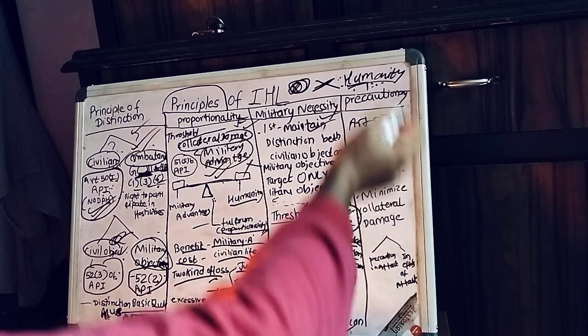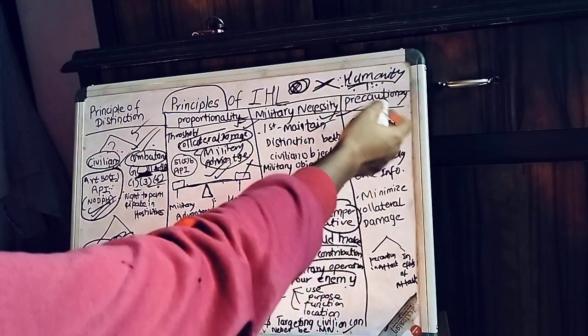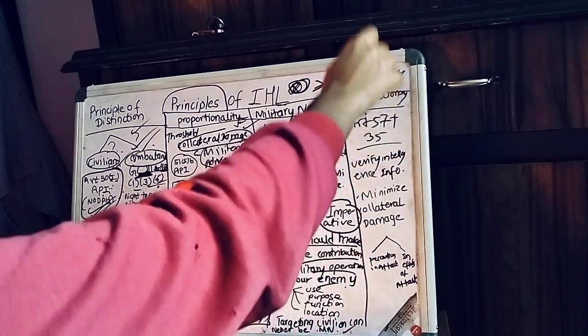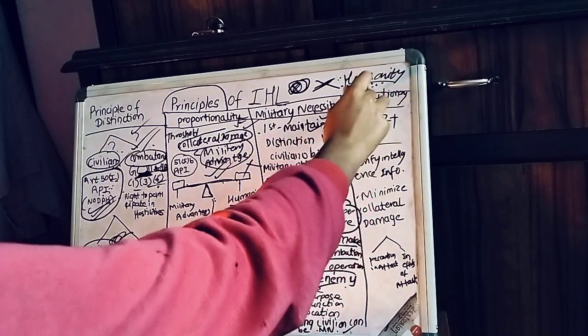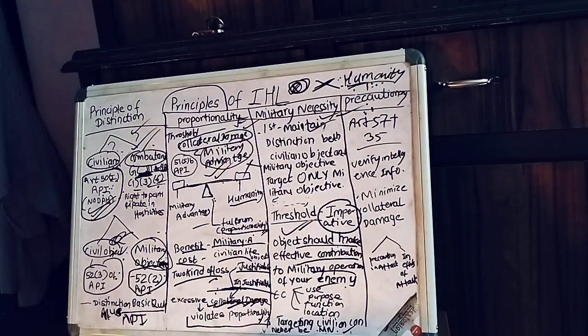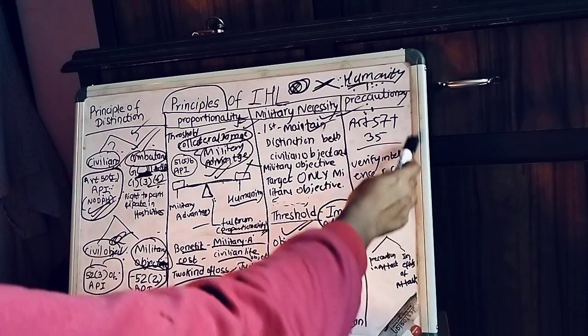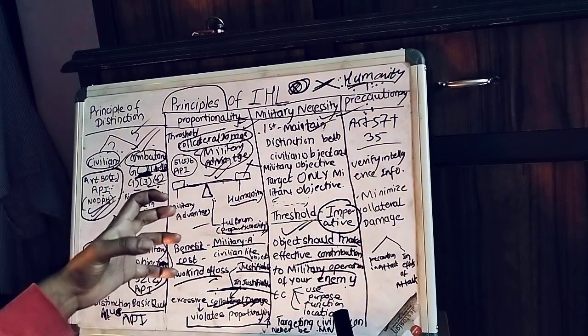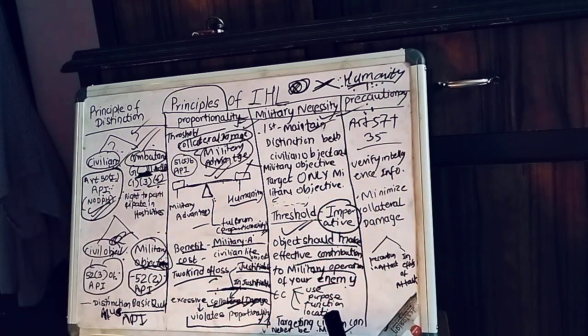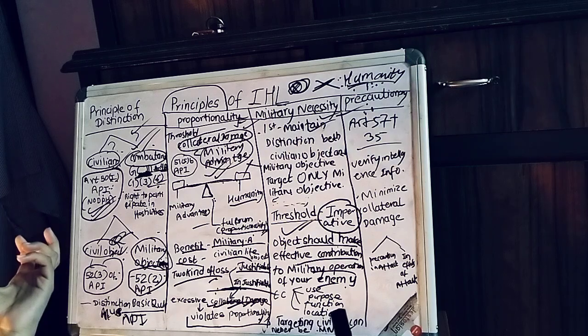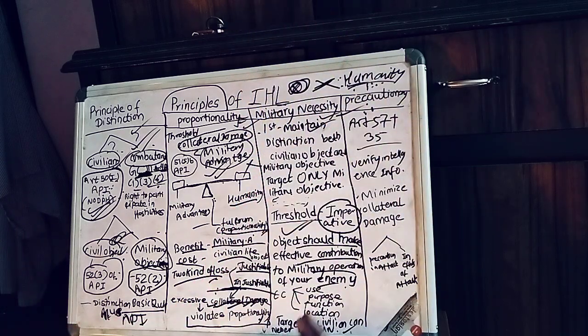So that's it. And if we talk about the precautionary principle, that means we have to be extremely precautious. We have to be cautious if we are bombarding some areas, or if you are using some force in some areas. First of all, we need to verify all the intelligence information, like how much of that bomb is going to cost lives of civilians, how much area is going to be affected.